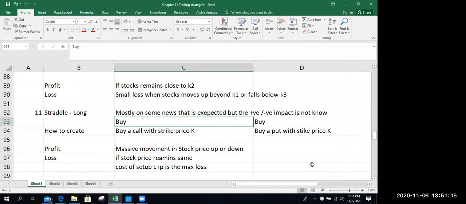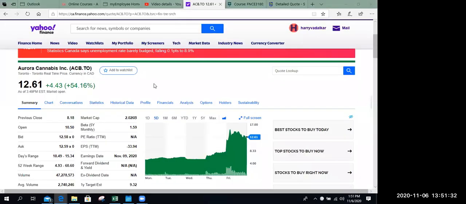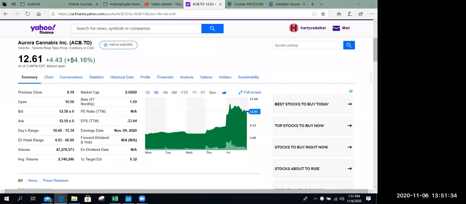It could be positive, the trials are going good, or it could be negative. So in that case, you do a straddle. If it is positive, the stock jumps up massively. If it is negative, the stock jumps down massively. So movement should be massive to make money from a straddle. Like this stock has gone almost double since last Wednesday, in the last 1 week.